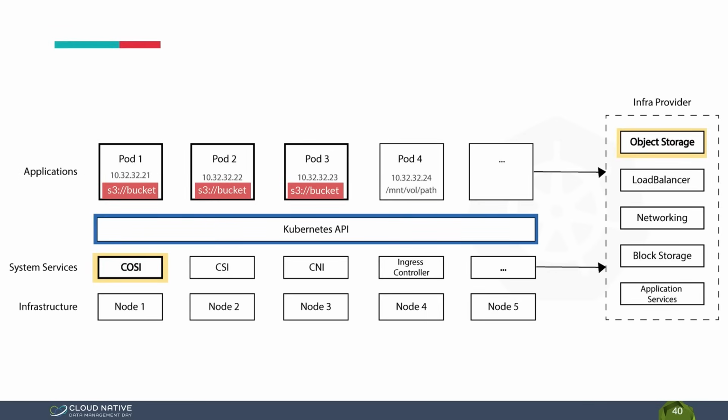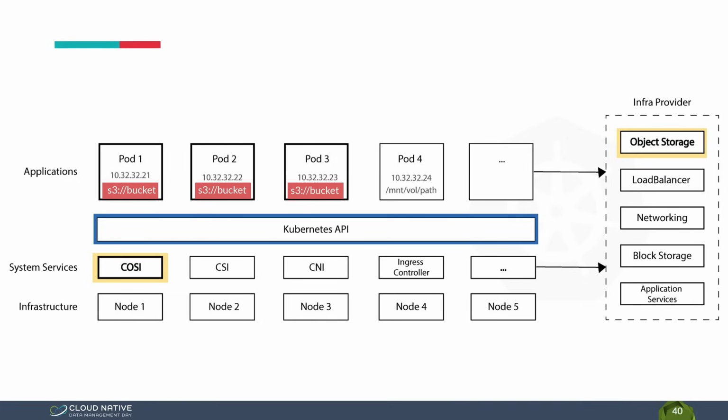So let's go back to this diagram again. I'm using this diagram again because it acts as a good segue to go from one topic to another. So this diagram again explains the same life cycle that I was explaining earlier, which shows the life cycle of a bucket where a pod requests a bucket, and then COSI receives that request, and COSI translates that request into an object storage specific call, and the object storage provisions that bucket, creates credentials for it.